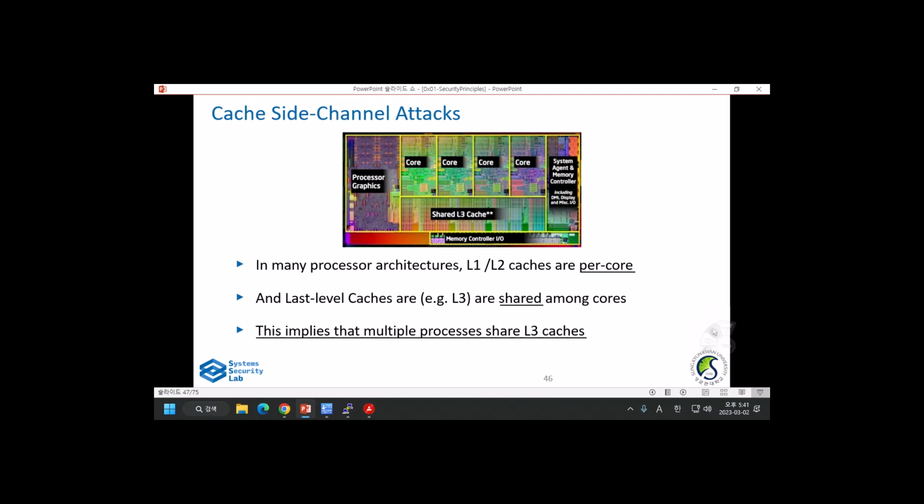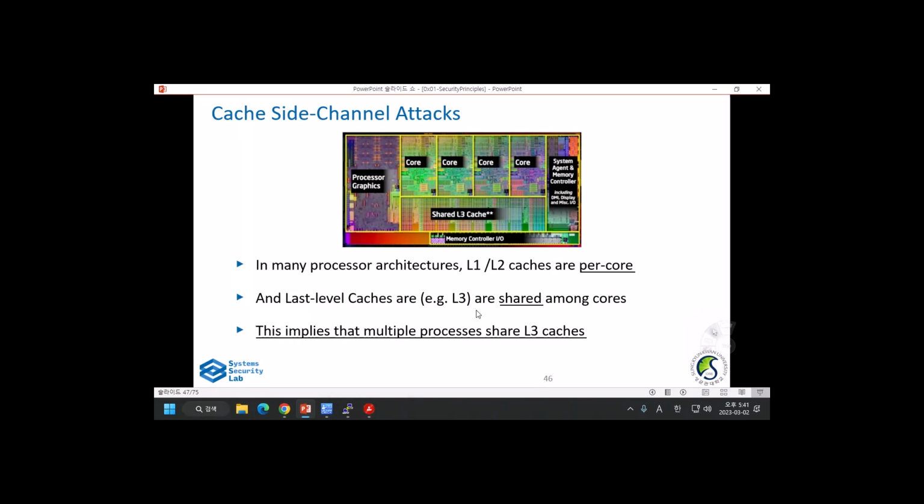So the problem is that a similar phenomenon happens within our CPU. In many processor architectures, if you have taken computer architecture, you probably learned about the caches, the level 1 cache and also the last level cache, which in the case of x86 is the L3.